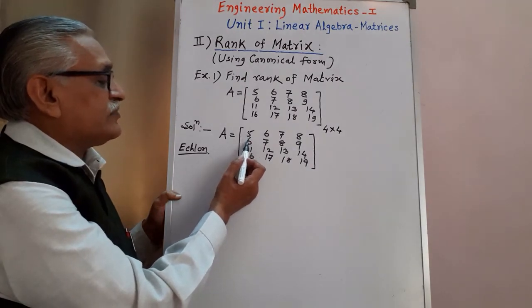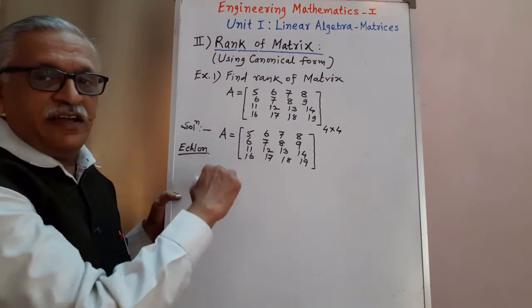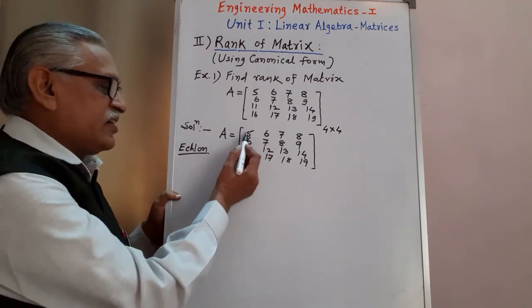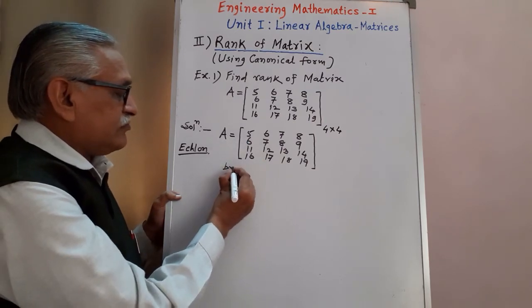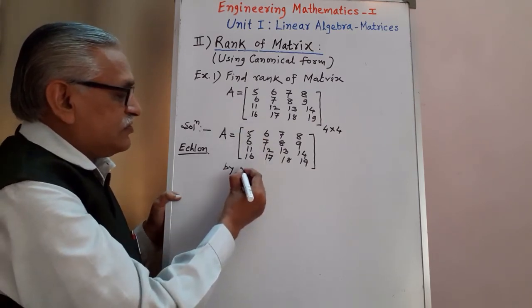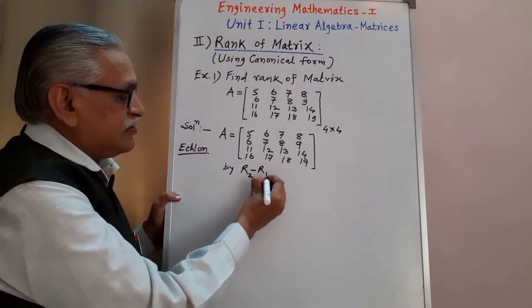For that, I will first convert this 6 to 1, and then interchanging the 2 rows, I will get the required 1. Applying 6 minus 5 as 1, it is R2 minus R1.